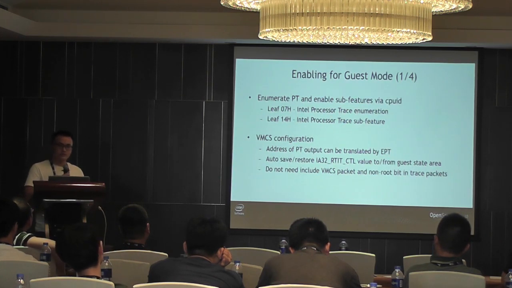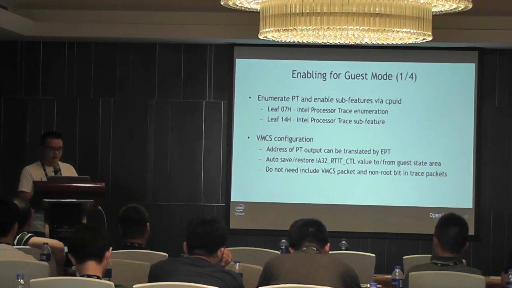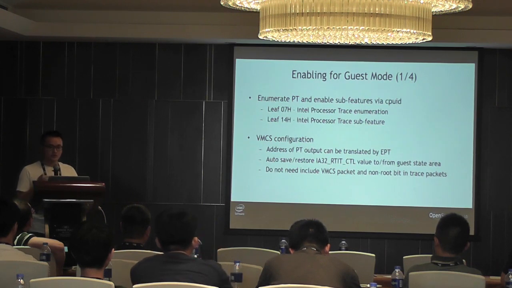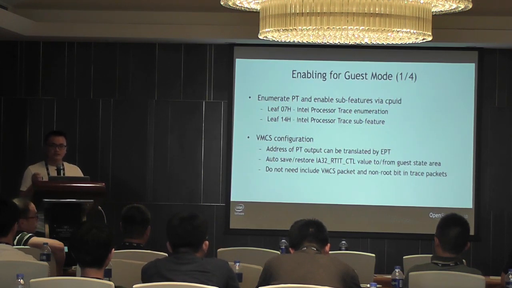This happens during VM entry and VM exit. And we don't need to include the VMX packet and the network bit in the trace packet, because we hope the guest can use PT like native, so we don't need the guest to know it works in the virtual machine mode.